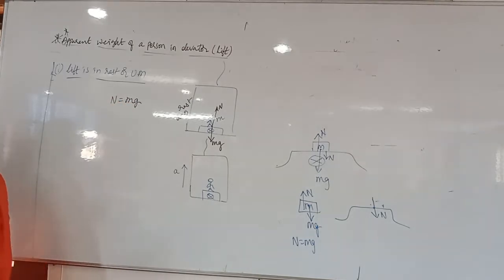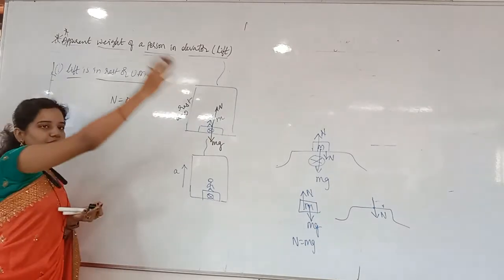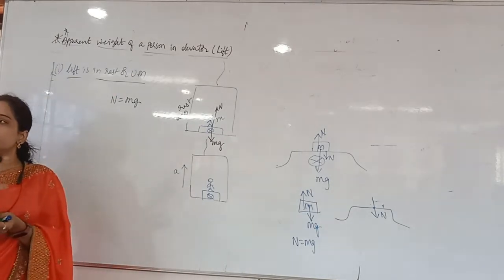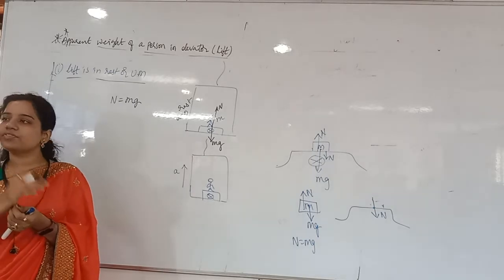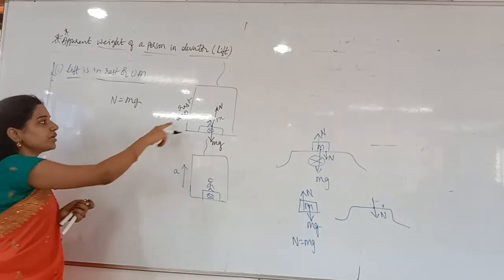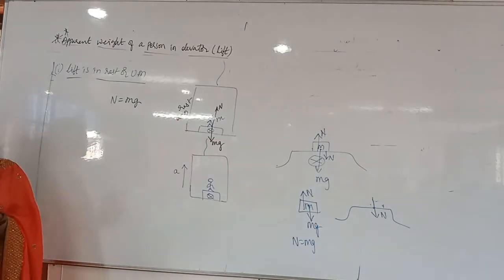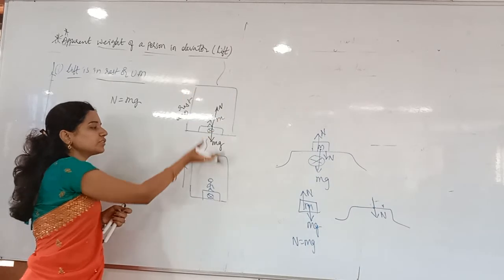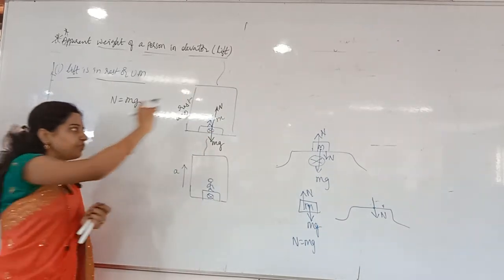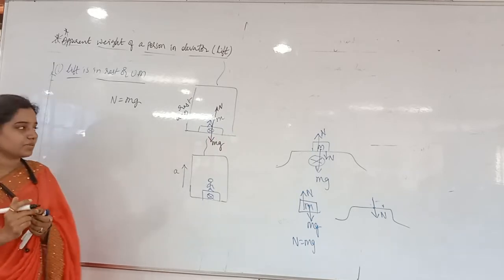The body is in equilibrium vertically, and horizontally it is not moving. Only it is moving vertically. I said that lift is at rest. Lift has not yet started. So acceleration becomes how much? 0. Then N is equal to how much? mg. Equilibrium, nothing but all upward forces equal downward forces. Upward force which is there is only normal reaction. Downwards what is there? mg.